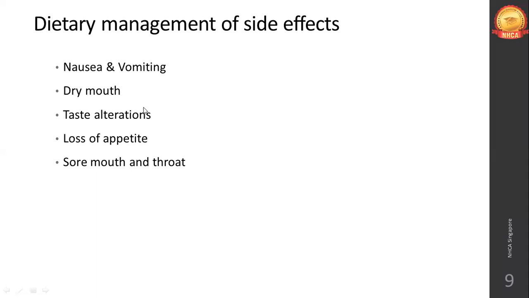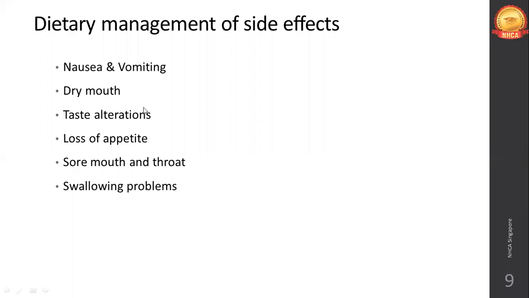Sore mouth and sore throat: non-acid foods. Okay, alkaline, so basic food has to be given. Blended and liquefied food that they can swallow easily without chewing, because with sore mouth and sore throat, chewing and swallowing is difficult. So anything that you can gulp down, okay, that is easier.